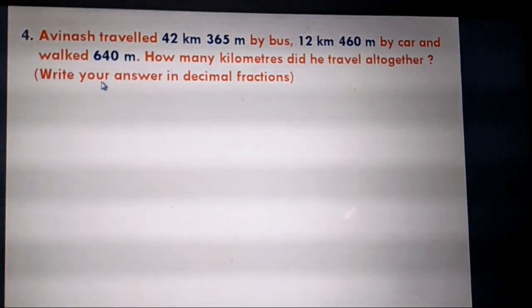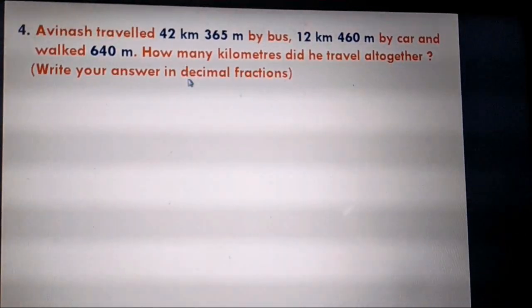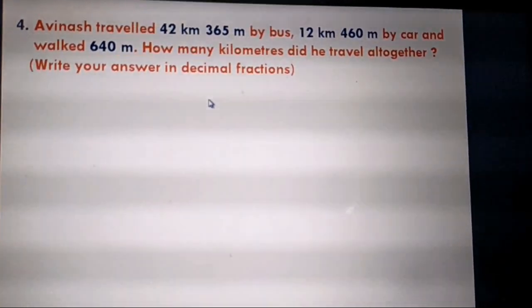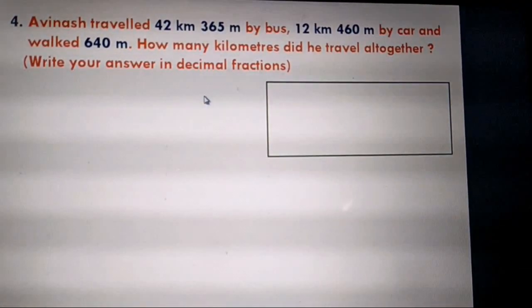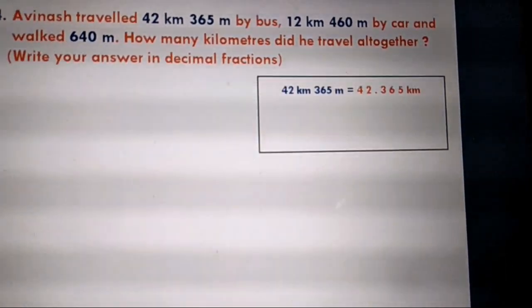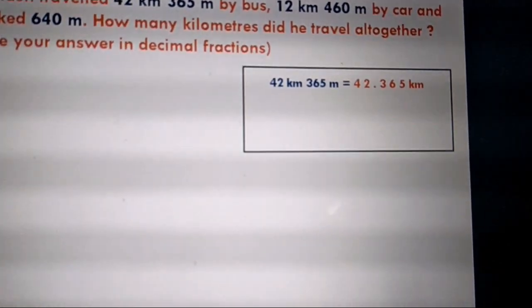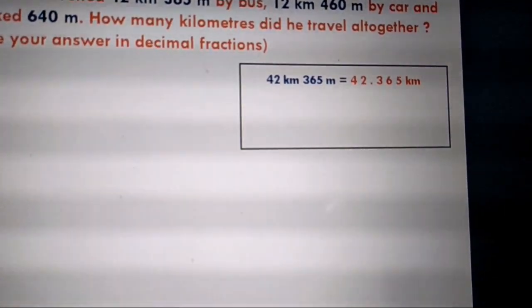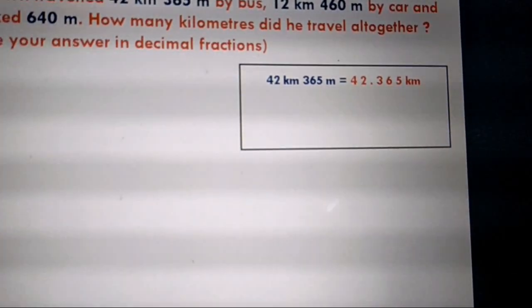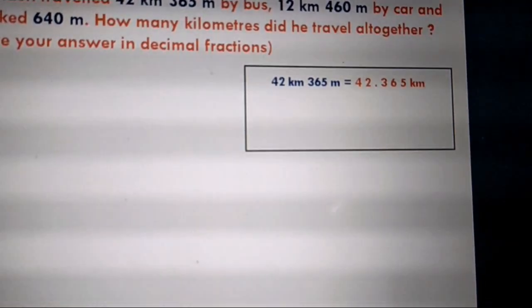So very first we will convert this into the decimal fraction. Look how. Now see, 42 kilometer 365 meter equal to 42.365 kilometer. See, we are converting into a decimal fraction.